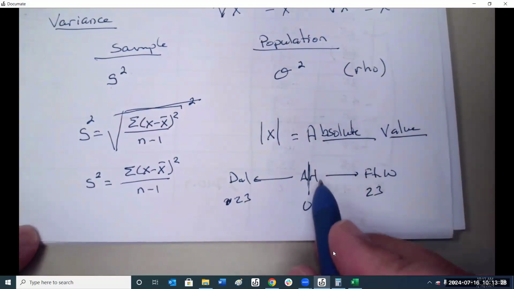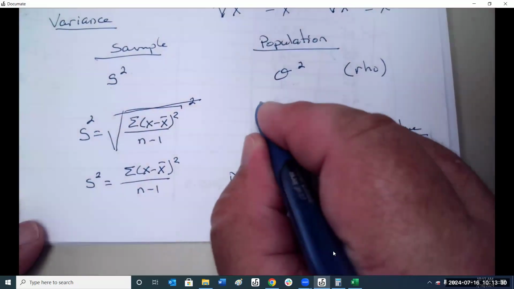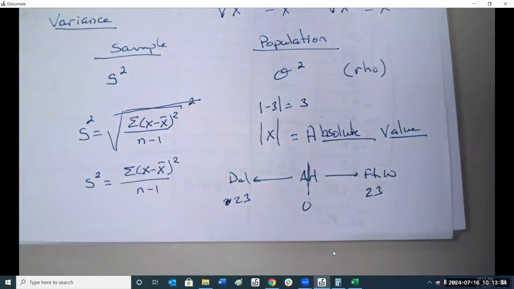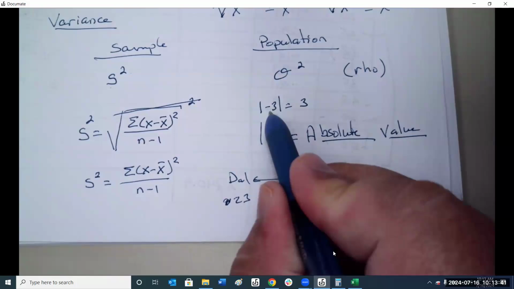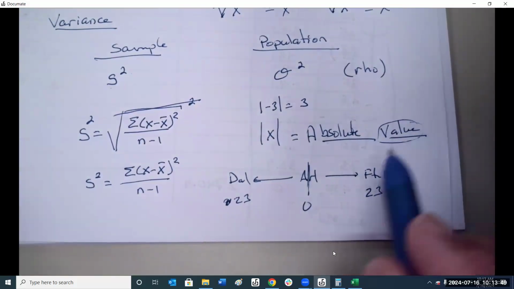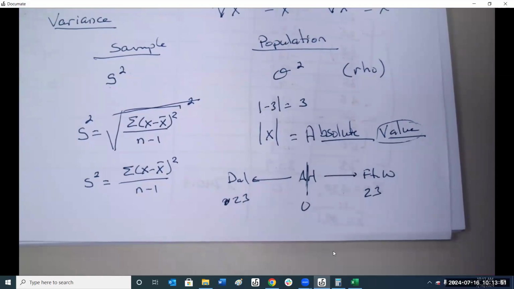So because of that, it gets rid of any negative sign. So if we had a -3 inside there, the answer would be 3. It erases the negative of the answer inside the absolute value, because it's a value you're looking for.